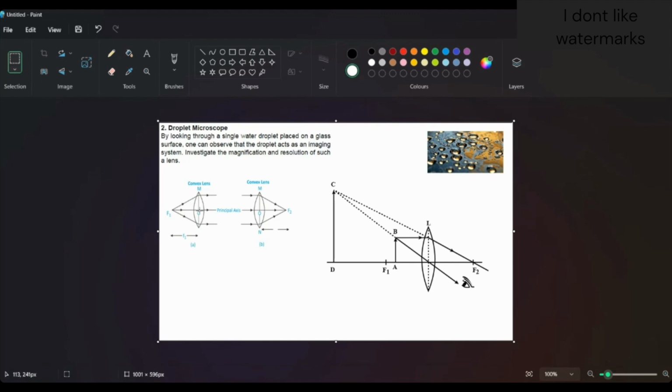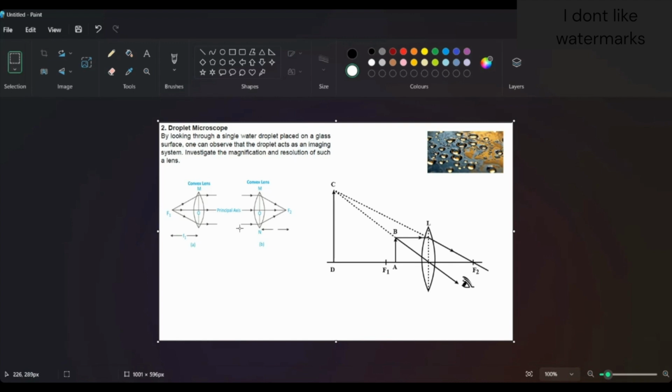F1 is the point on the principal axis of the lens such that the rays of light coming from it, after refraction through the lens, become parallel to the principal axis. That is what F1 is. The small f1 is the focal length, and F2 is the opposite of F1.